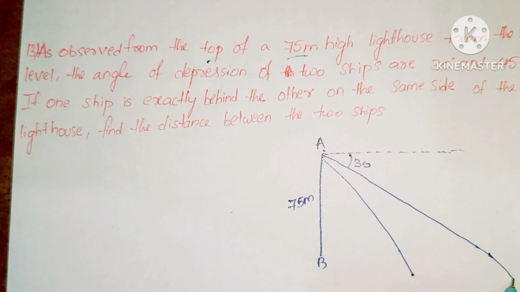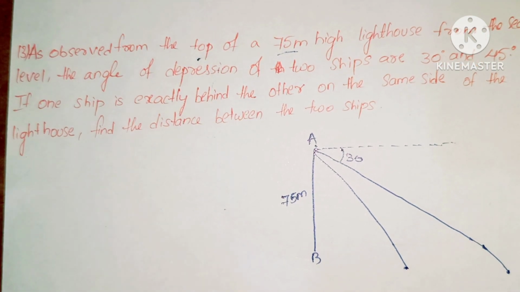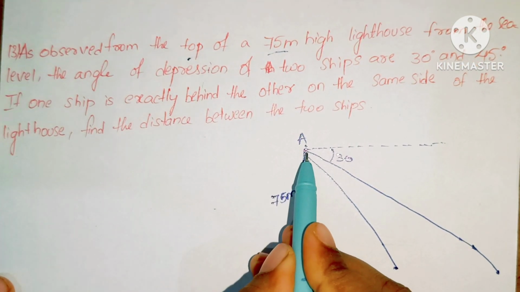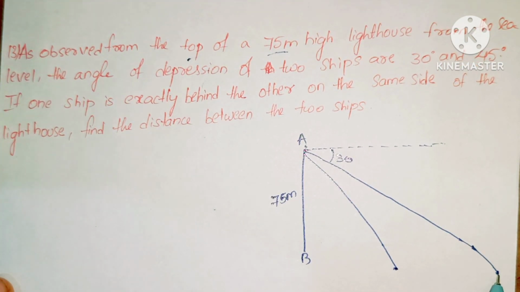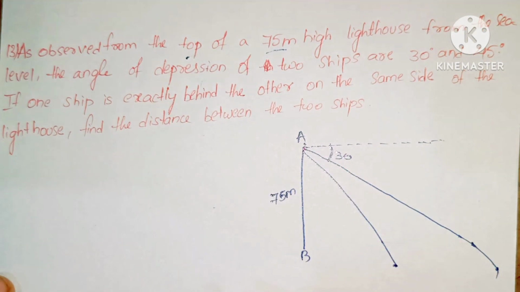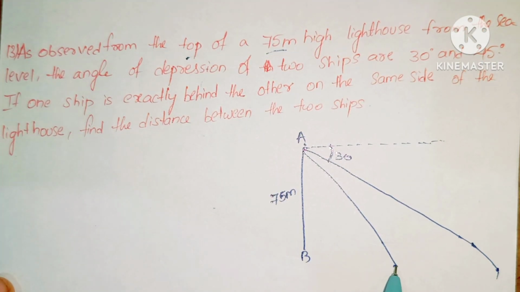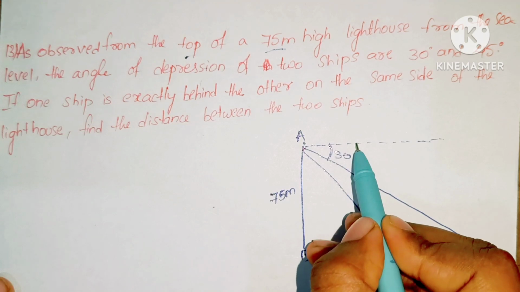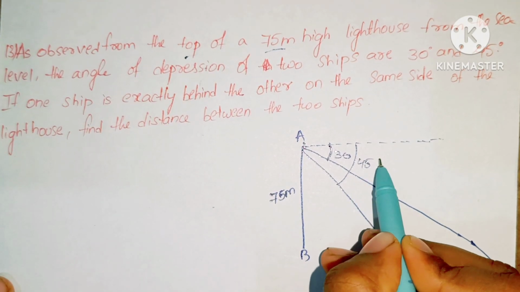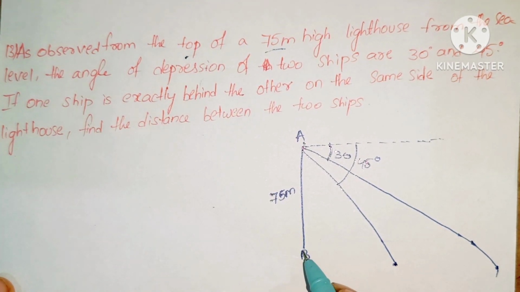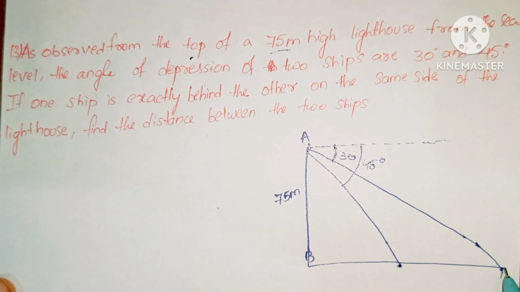That means he was watching one ship here and another ship here. When he watched this ship the angle of depression was 30 degrees, and when he watched this other ship the angle of depression is 45 degrees. Understood? Now I have drawn a straight line here.